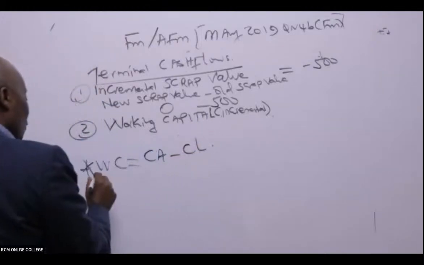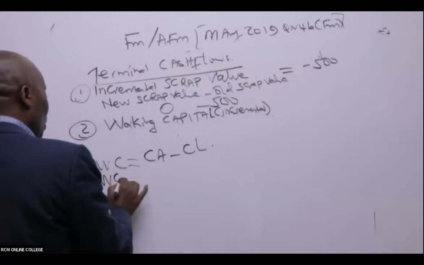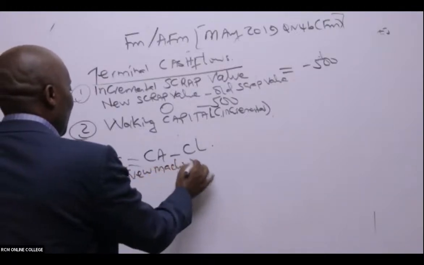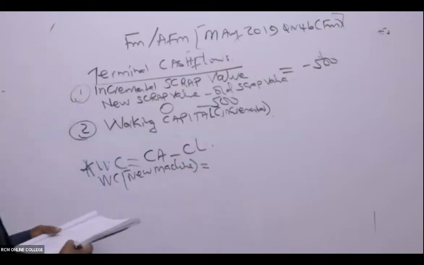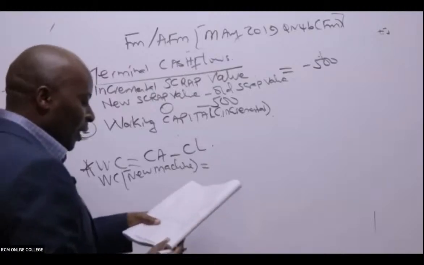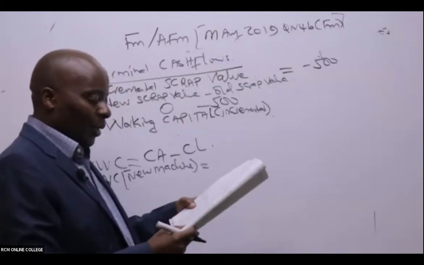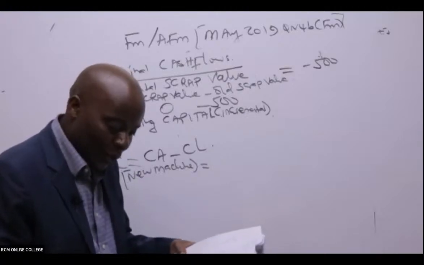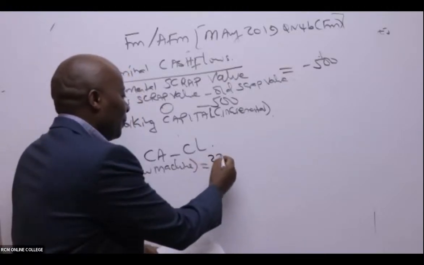So are you able to give me the working capital for the new machine? In this case here, they have given me two current assets. I can see in paragraph 3, they have told me the debtors. You see, debtors are current assets. They are 320.